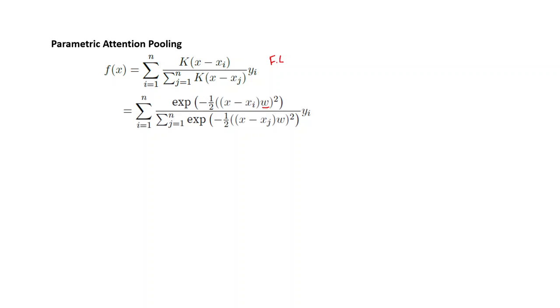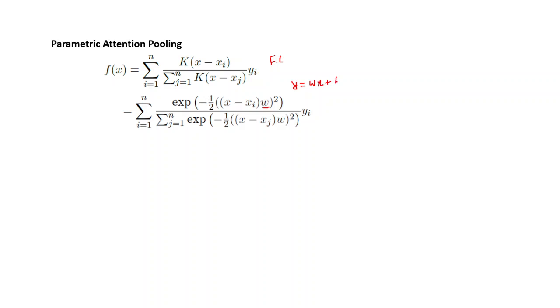Now, if you remember the MLP lecture, if you pass an input x through a fully connected layer, the output will be equal to wx plus b.